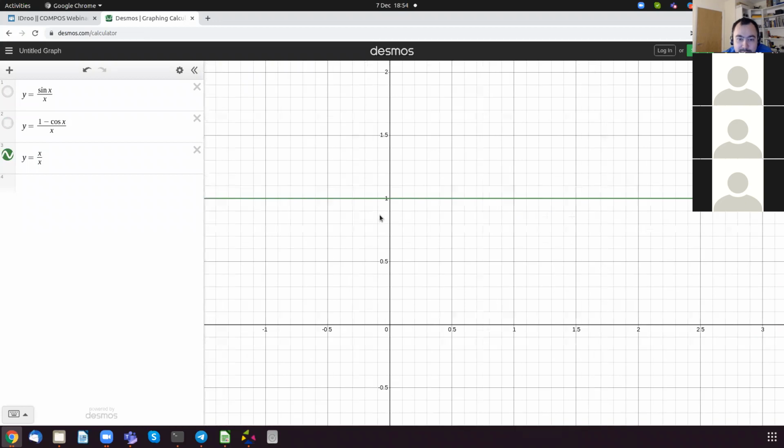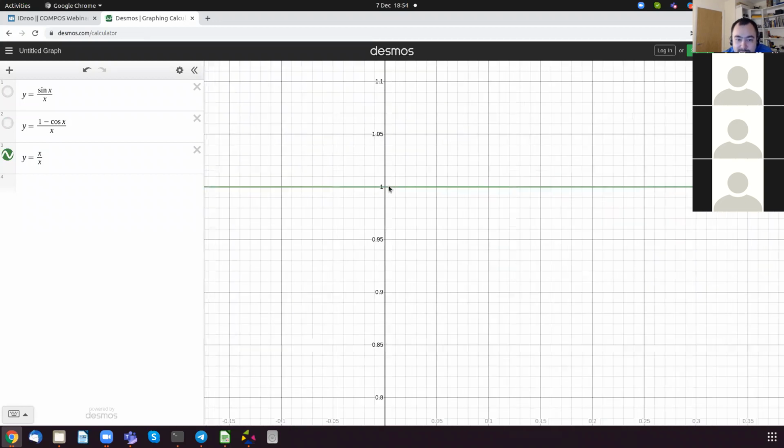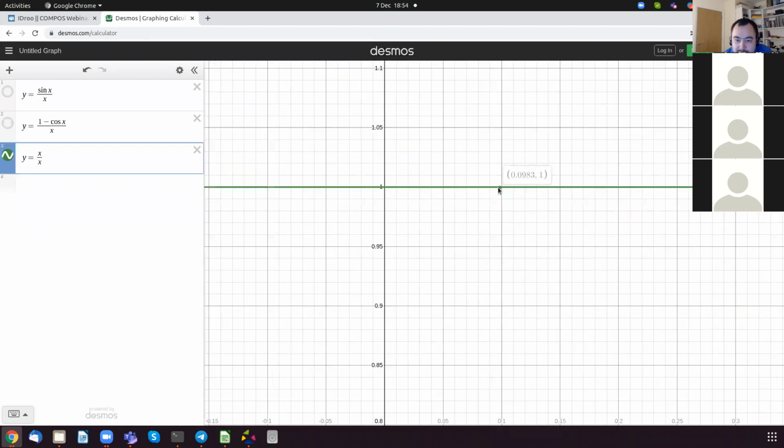But with one exception, look, as we get closer to 0, y is 1, y is 1, y is 1, except at this point. It's undefined when x is 0.